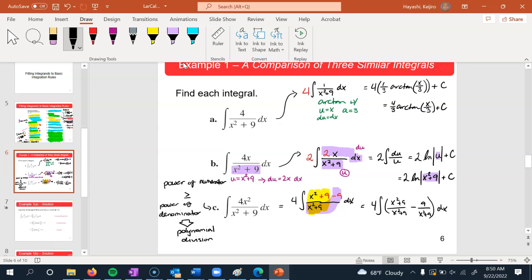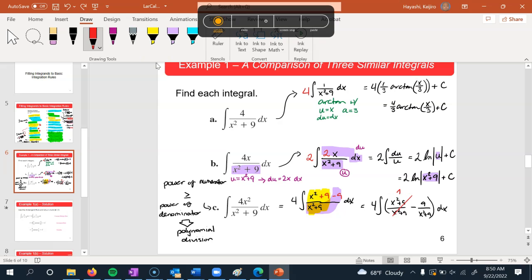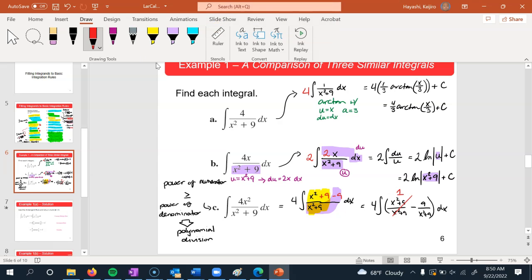And that way you don't have to do any division, but you just gotta be really careful and have a sort of good vision of what it is exactly that you aim to do. Also, this is going to simplify to 1, because it's just the exact same thing on the top and the bottom. So it's going to be 4 times the integral of 1 minus 9 over x squared plus 9.